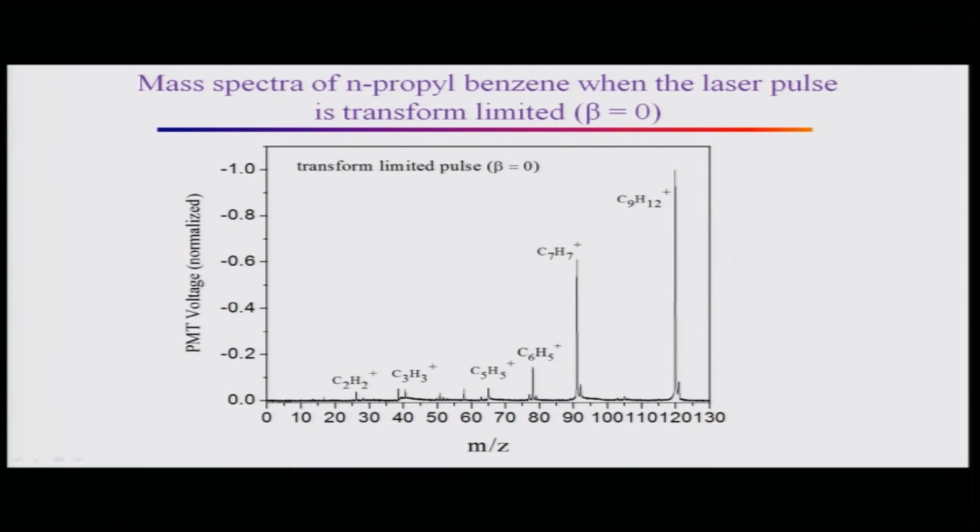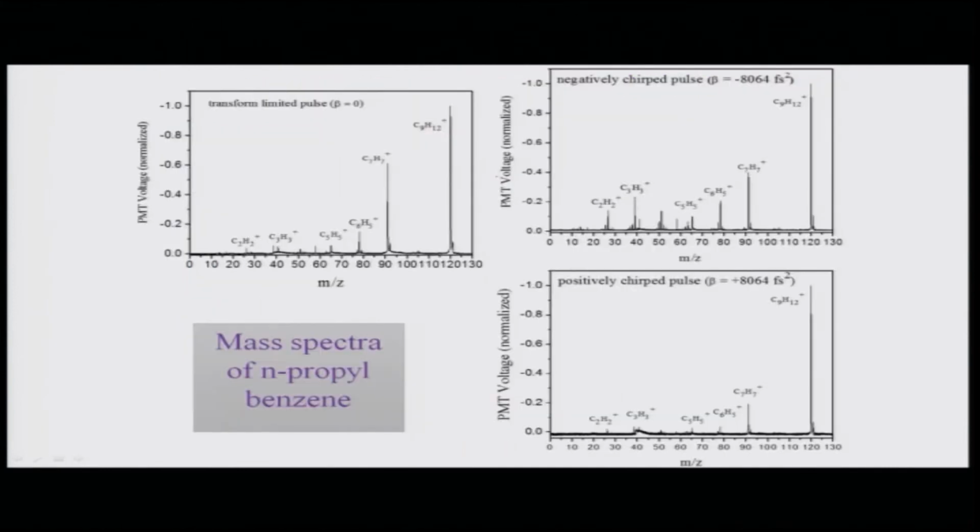If there was no chirp associated with the laser, as shown here, transform limited, where the chirp parameter is 0, this is the regular Gaussian beam. This is the distribution of the ions which are seen.